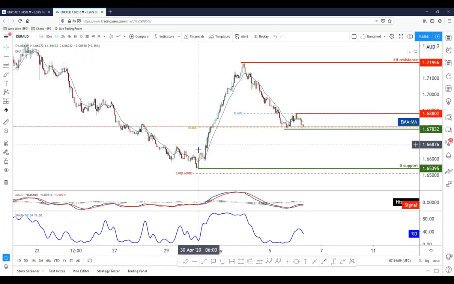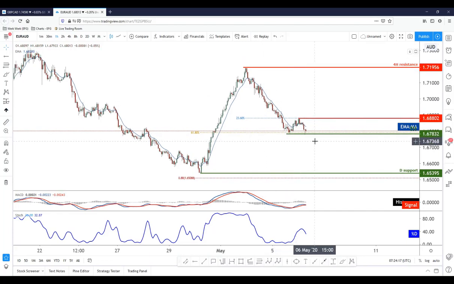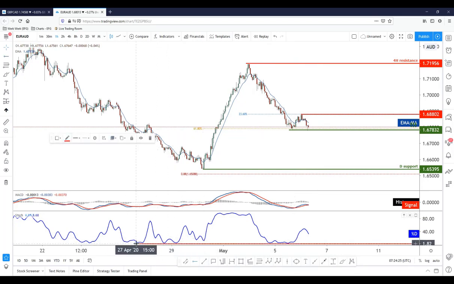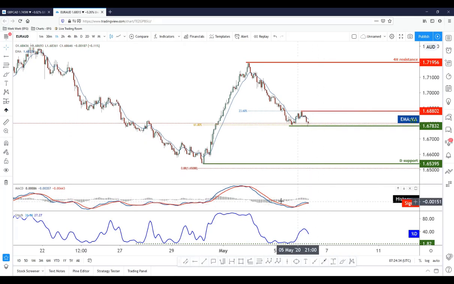When prices are trending upwards, it's holding above the moving average. The moment it trends below, it's actually holding below the moving average. Okay, and right now, stochastics seems to be coming back towards support, right? This support level here where price reacted in the past. Okay, and then MACD is still below zero, so it's actually in bearish territory.